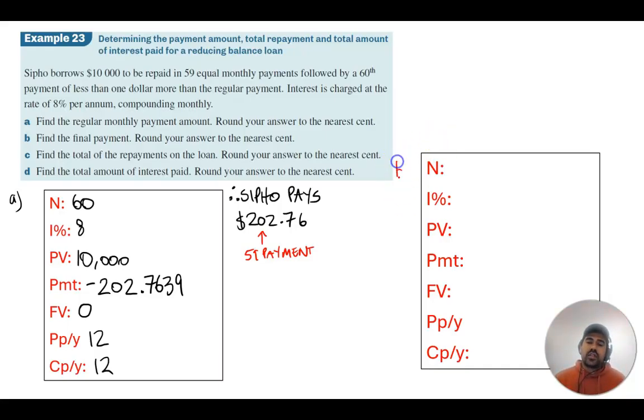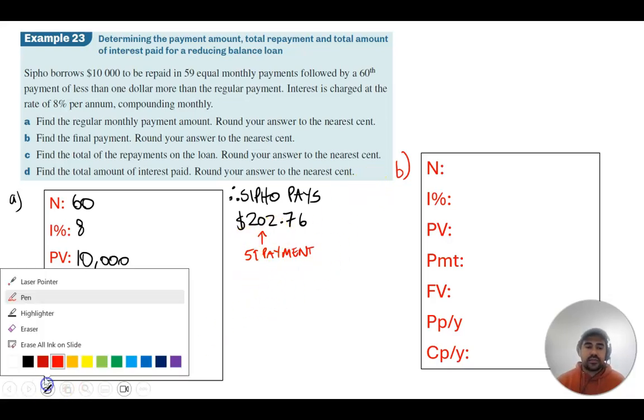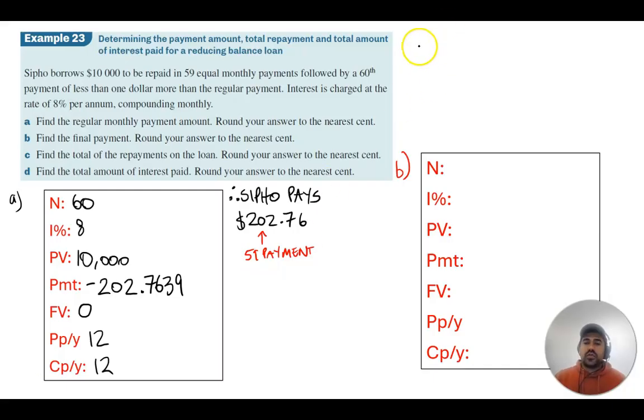So for question B, let's say that Sifo pays this amount 60 times. Okay, so it pays this certain amount 60 times. So what we're going to do is we're going to work out 60 lots of $202.76.